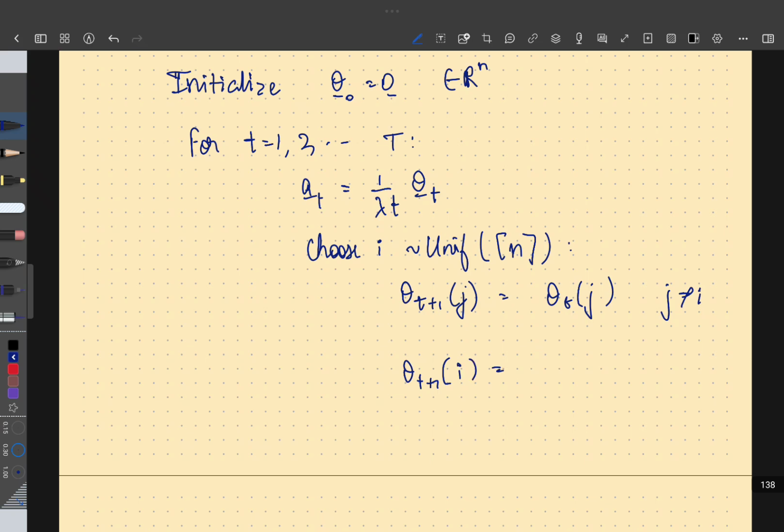Whereas the ith component, you modify it depending on what is x comma y.